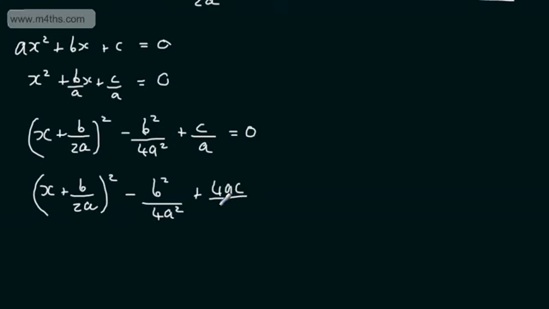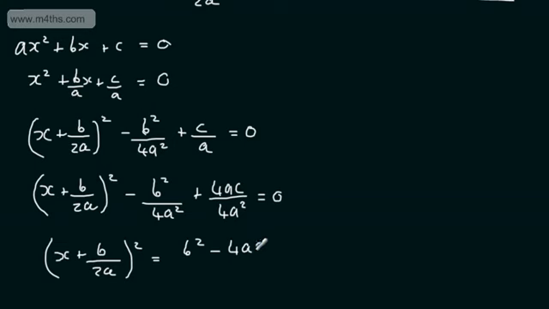So it'll be 4ac over 4a squared, and that's going to be equal to 0. So x plus b over 2a all squared will be equal now, and I'm going to add the b squared over 4a squared to both sides and subtract this. That's going to give me now b squared minus 4ac all over this common denominator now of 4a squared.